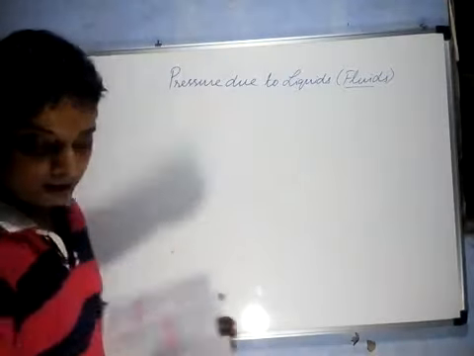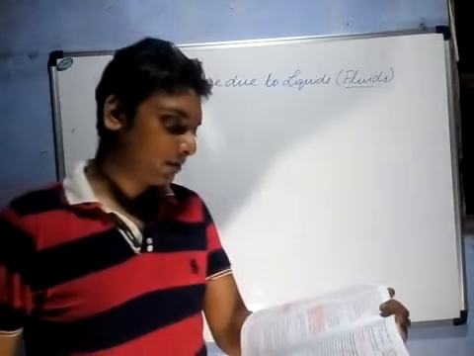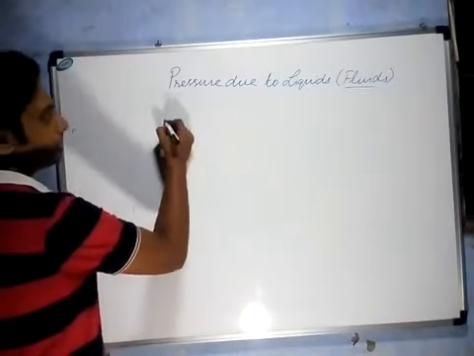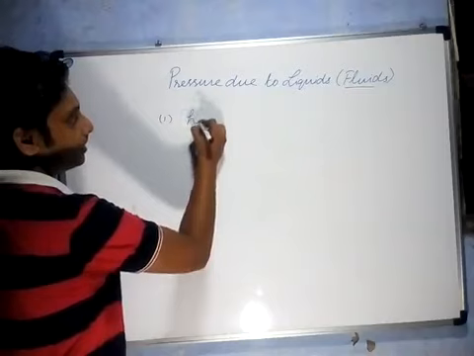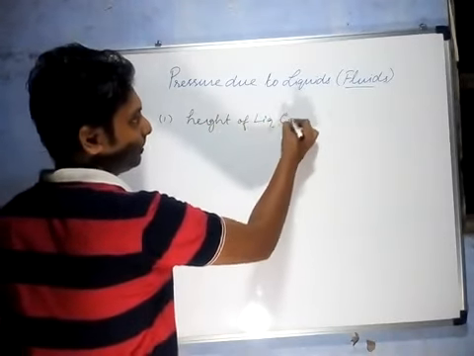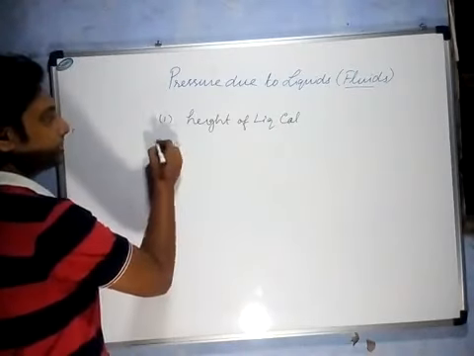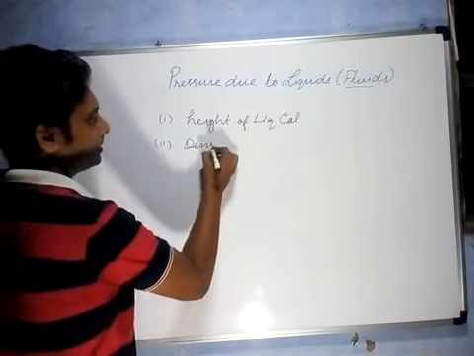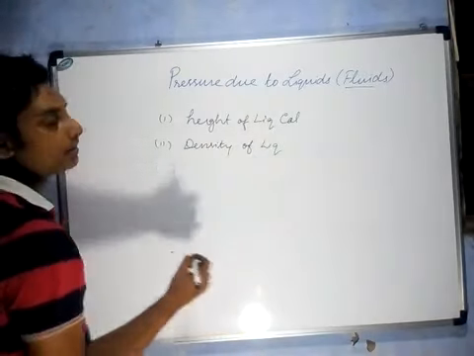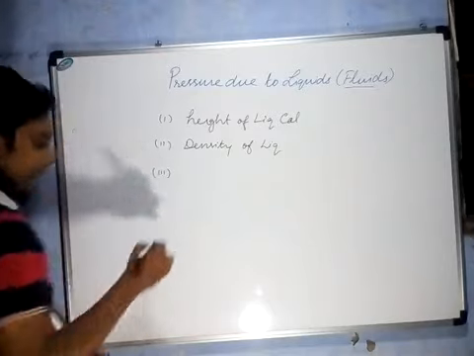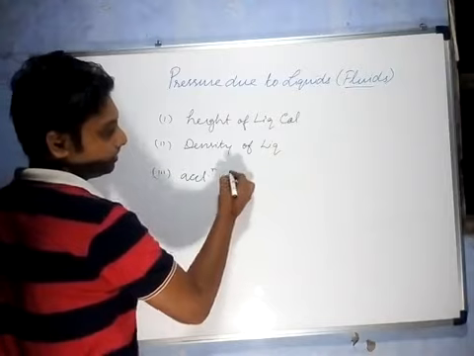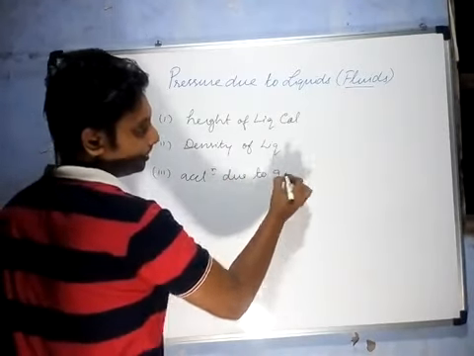Now let's try to understand the factors on which the pressure depends. Pressure depends on, first of all, the height of the liquid column, secondly the density of the liquid, and thirdly the acceleration due to gravity.